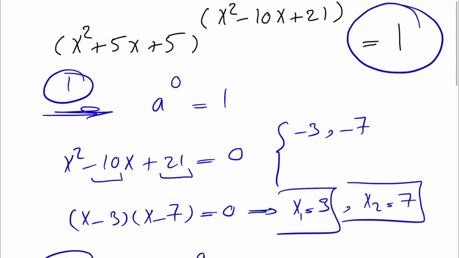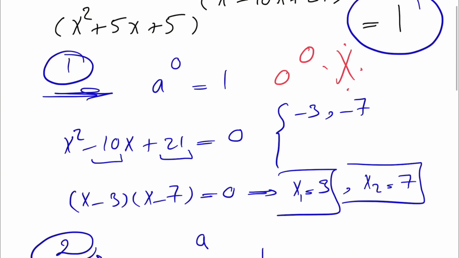There are many layers in this question. The other thing we need to consider is that we have to avoid answers that give us 0 to the power of 0. That wouldn't be acceptable either.